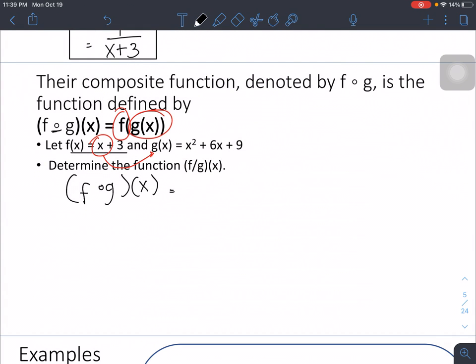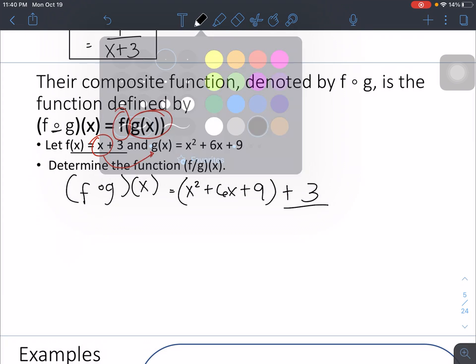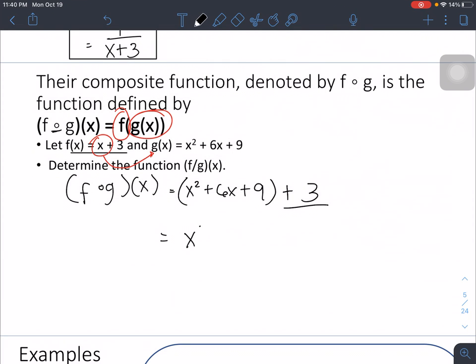So this x will be x squared plus 6x plus 9, plus 3. Don't forget the plus 3, because the f of x function is x plus 3. Combine similar terms, so the final answer will be x squared plus 6x plus 12.